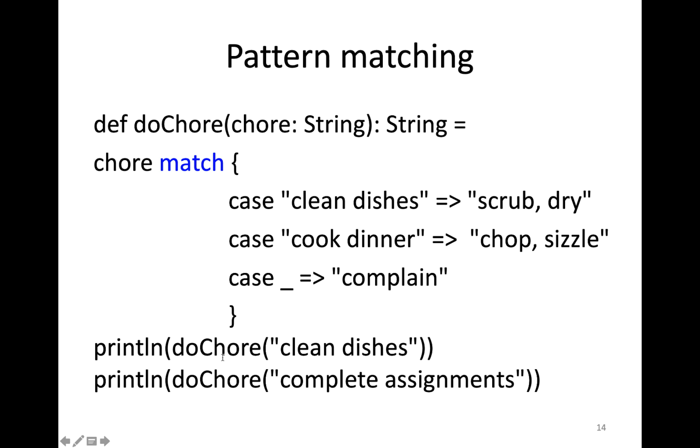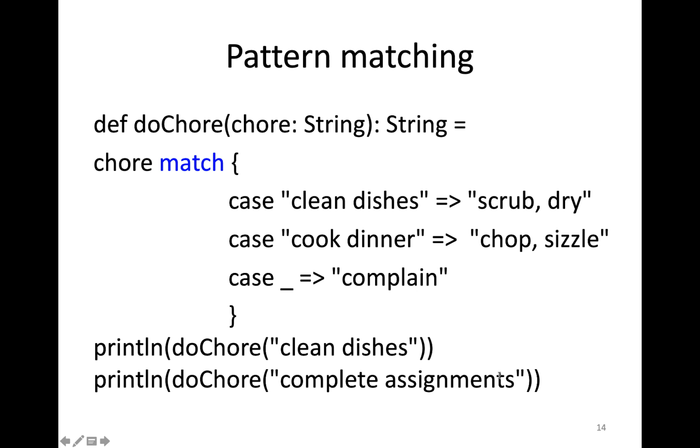So how does it go with some invocation of this function do show. Here we are invoking function do show with this argument clean dishes. So that means show in this situation is clean dishes. So this should be the print of this line, correct?